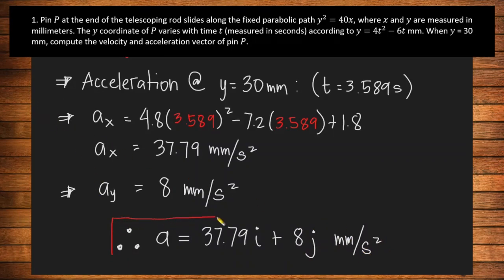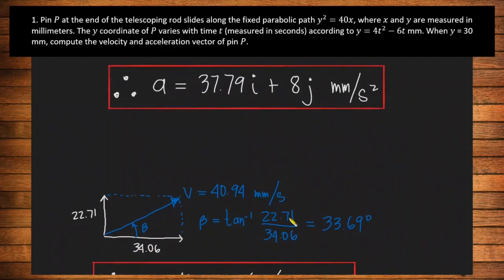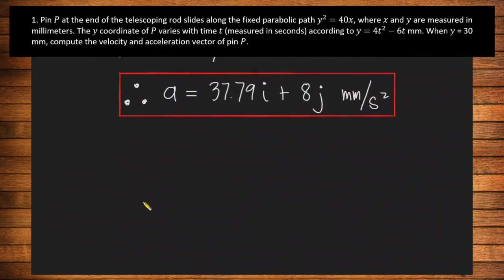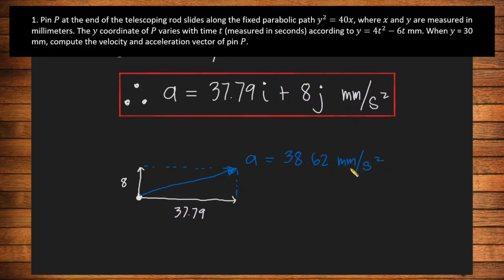So same dun sa velocity vector natin, ma-visualize din natin yung acceleration vector natin na parang ganito. Again, 37.79 millimeters per second squared yung x component niya, and then 8 millimeters per second squared naman yung y component niya. Therefore, yung magnitude ng acceleration natin to be along this direction, and that will be equal to 38.62 millimeters per second squared.